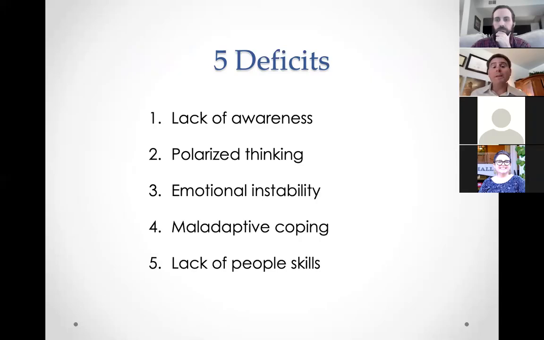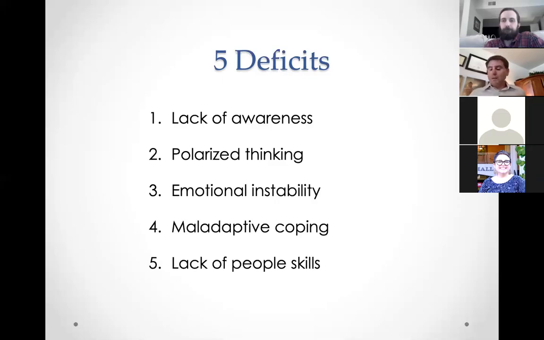So one of the deficits that she noticed was that her clients had just a really basic lack of awareness. So starting with self-awareness, right? Awareness of their own bodies and their own emotions and their own thoughts. And if you're not terribly aware of all of that, then you're also not going to be aware of what's going on in your relationships or your environment, right? That lack of awareness just kind of spreads.